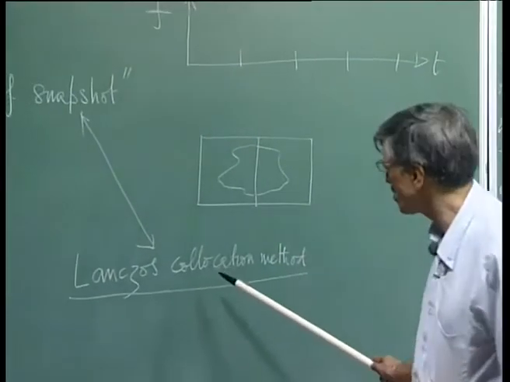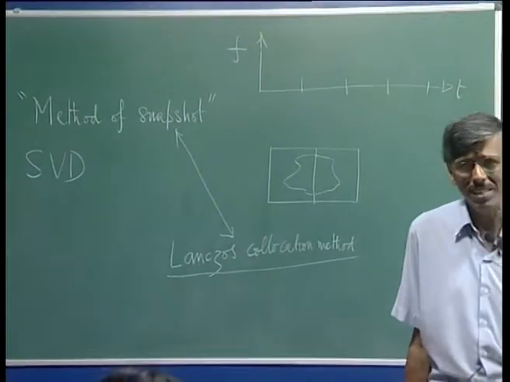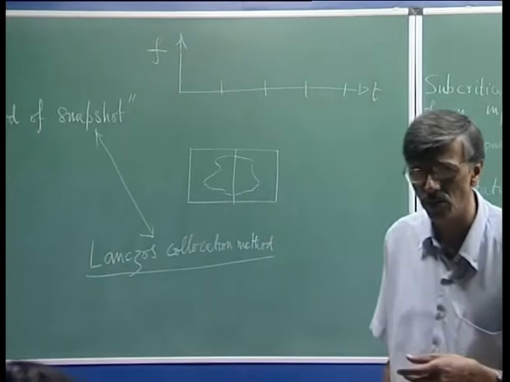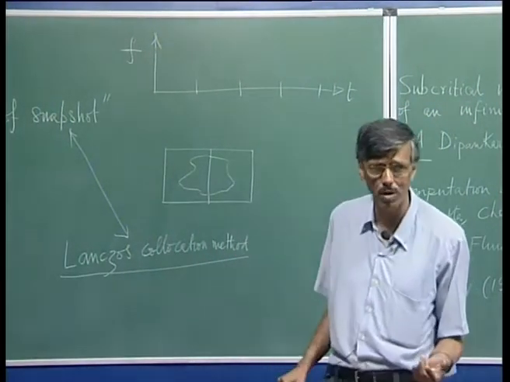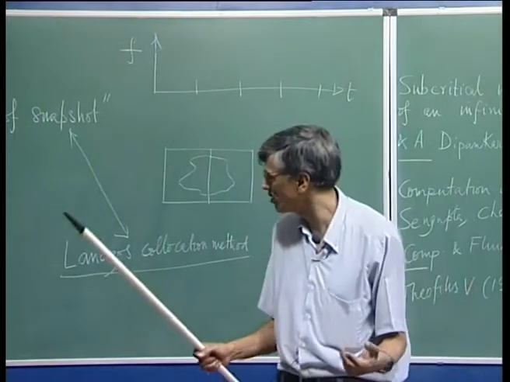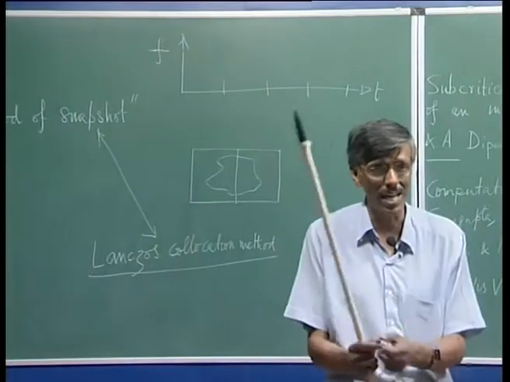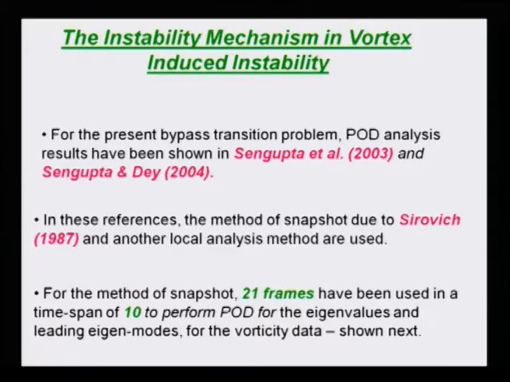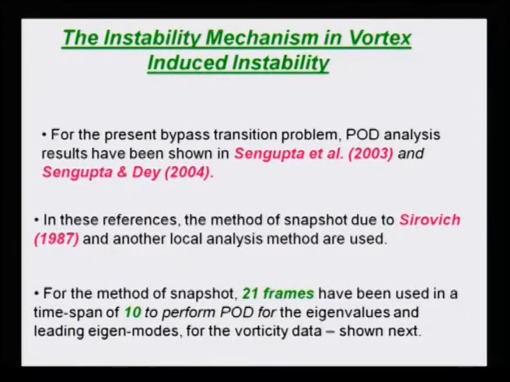So, while this SVD or this Lang's collocation method gets you the spatial eigenvalues, and those require handling a very large number of size of matrices, whereas method of snapshots basically takes temporal series, right. That is what we are talking about. We are talking about 21 frames in the time frame of 10, and then perform the proper orthogonal decomposition technique.